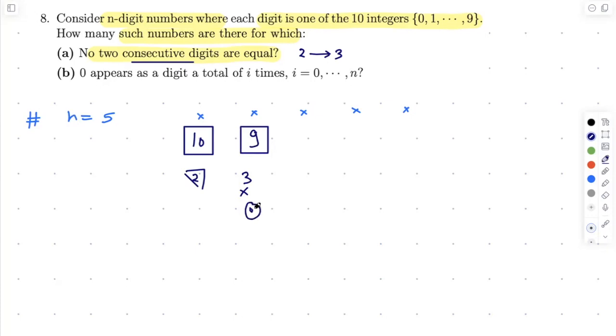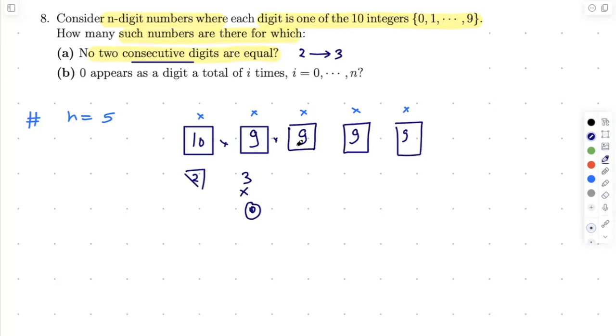Okay, just fix any such digit, like 0 at the second place. So how many possibilities are there for the next case? Other than 0, you can have the next digit anything other than 0, because that is the consecutive term. Out of 10 I cannot have that digit there, and the same situation holds for each next term.